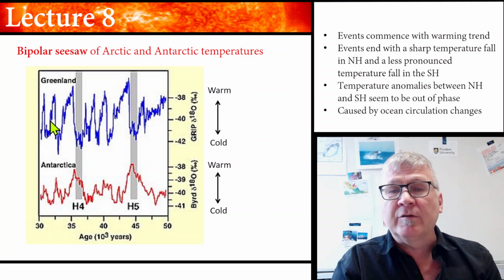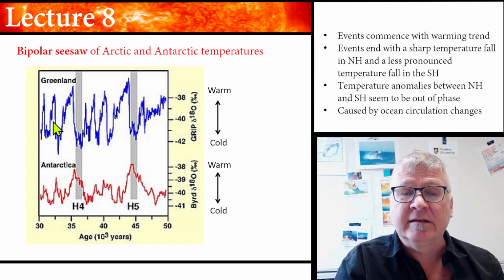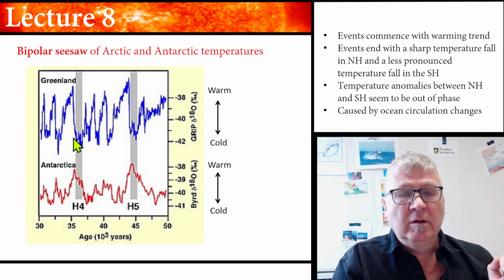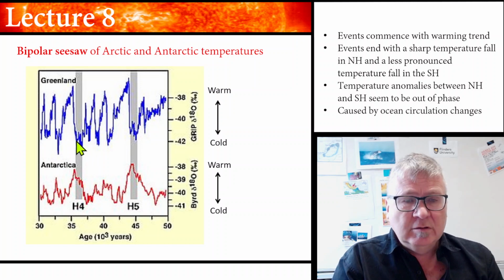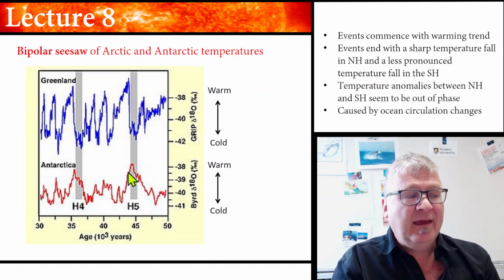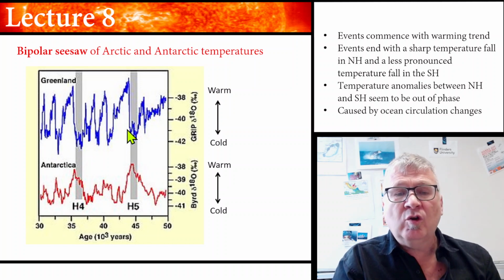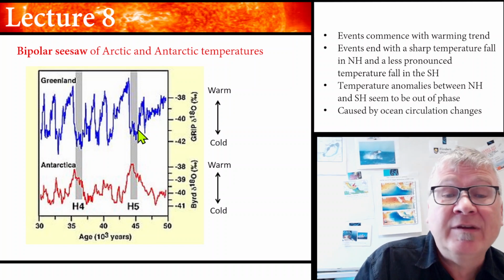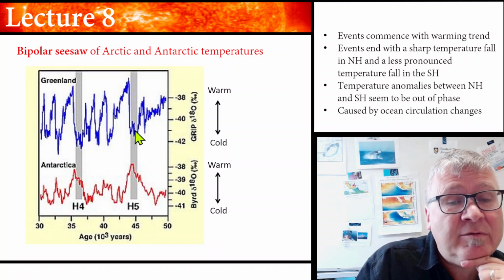Let's first of all, without any interpretation, look at the signal. If you look at these gray bars, Greenland has a low, indicating a cold climate, while Antarctica has a warm climate. You can see a second event here: warm Antarctica, cold in the Arctic, in the Greenland region.